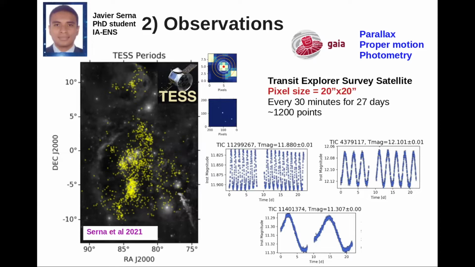In a paper that was recently accepted, my student Javier Serna provides rotational periods of stars in the Orion complex based on this data set. Also, we have compiled rotational periods from previous work.